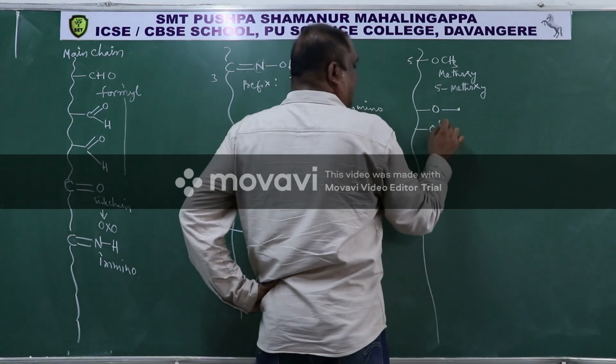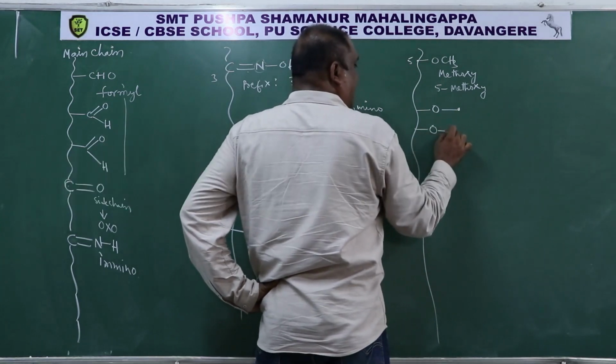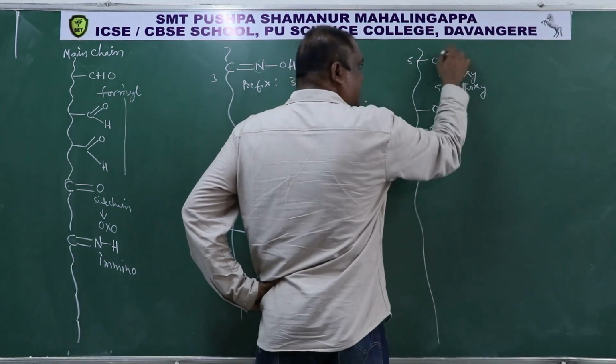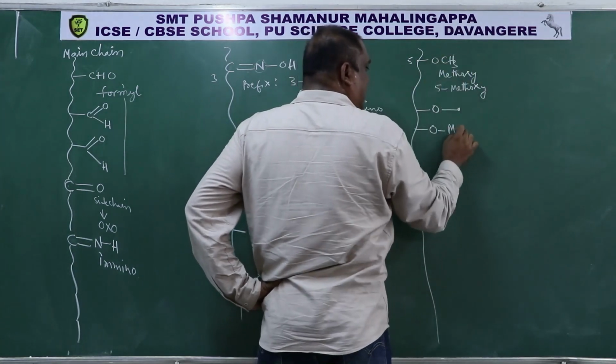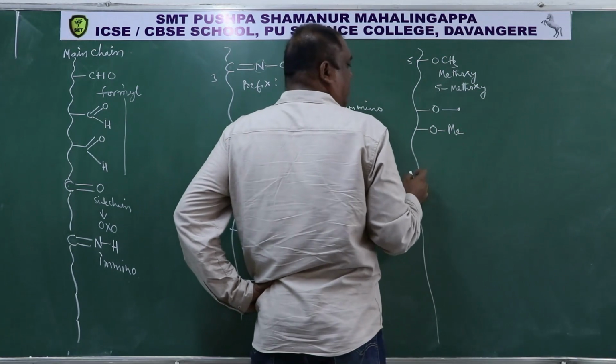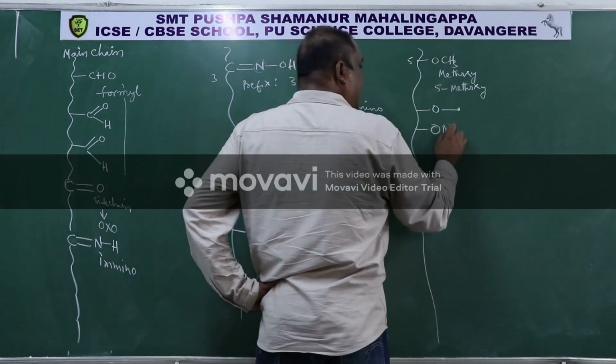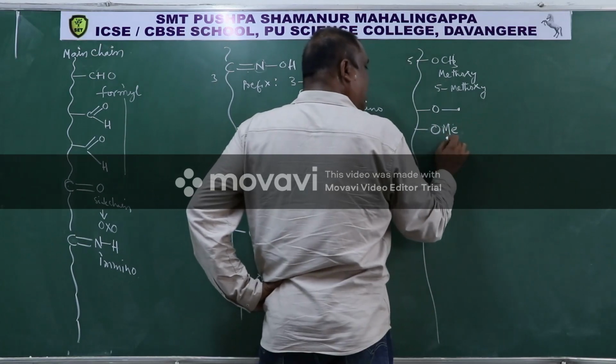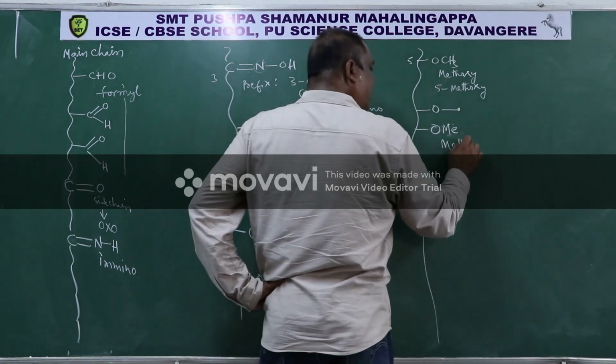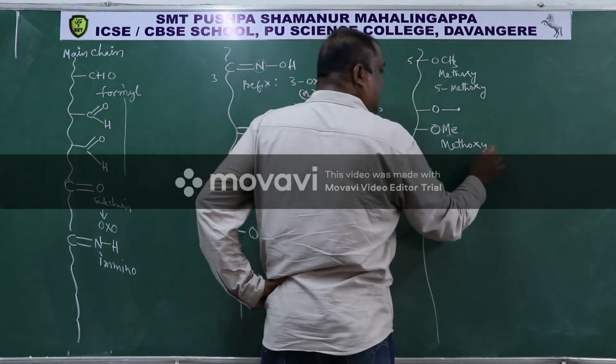Then oxygen, in place of the methyl group, if I have CH3, say this CH3 is also written as Me. So I can write OMe. OMe is another way of writing methoxy.